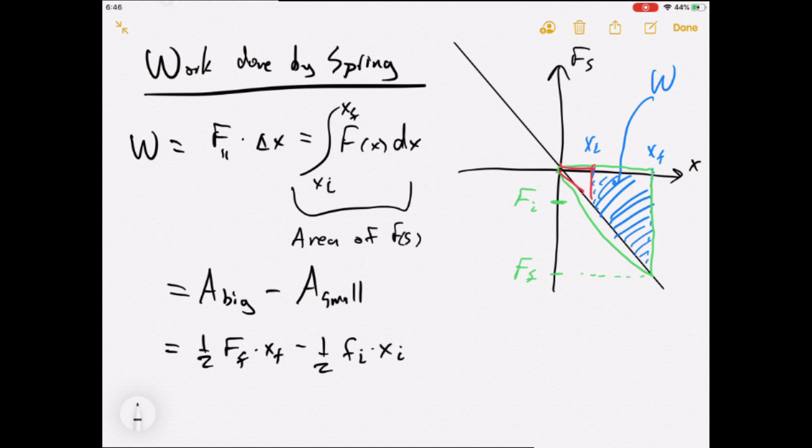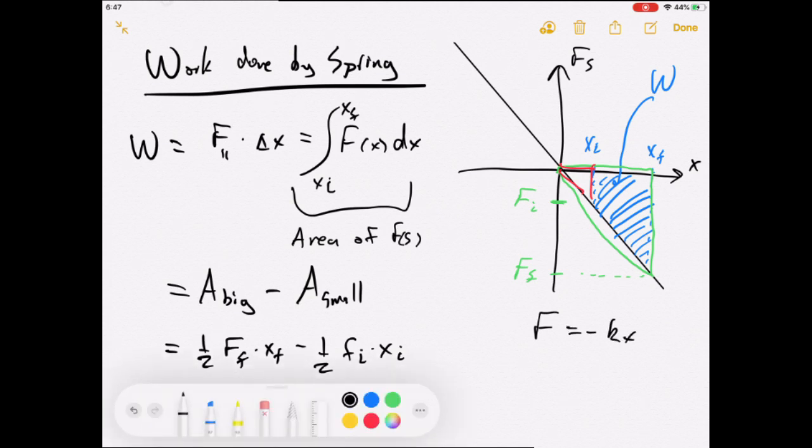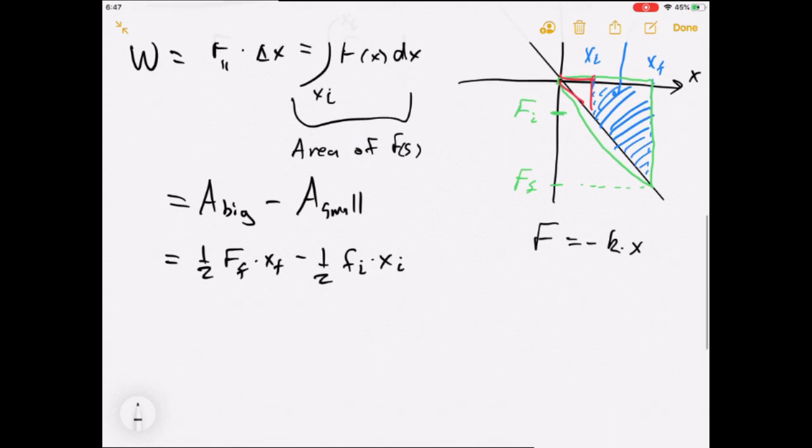And remember, this is following Hooke's law, so F equals minus kx. Here I'm leaving off the delta x because this is passing through 0, 0, so delta is a distance from 0, so that's just the straight position. Okay, so I can plug that in. Again, I will never ask you to derive this, but I'd like you to see where it comes from. So this is minus half F final, and F final is kx.